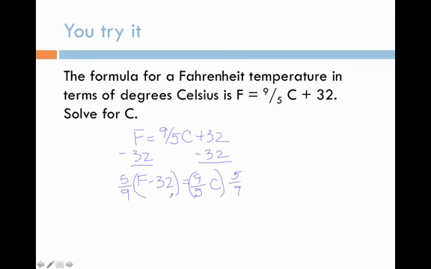Notice I put the whole left side of the equation in parentheses because this 5/9 actually is multiplied by F minus 32, not just the F. So my final answer is, and I'm going to move my variable over to the left side, C equals 5/9 times Fahrenheit minus 32. Hopefully you got that.